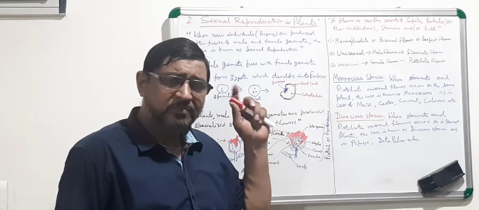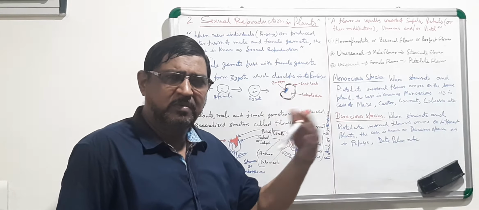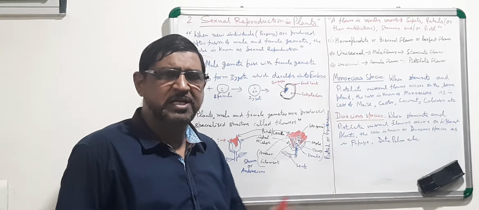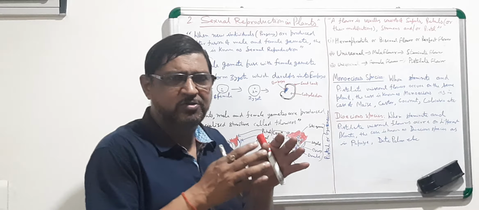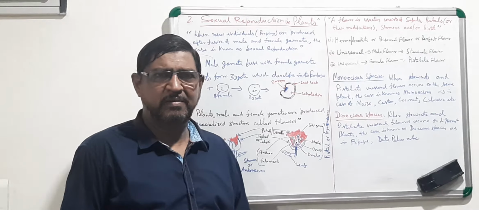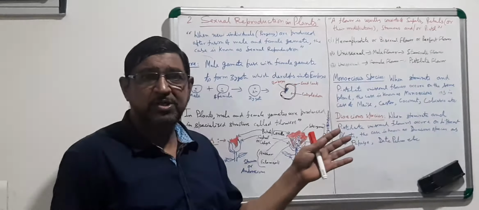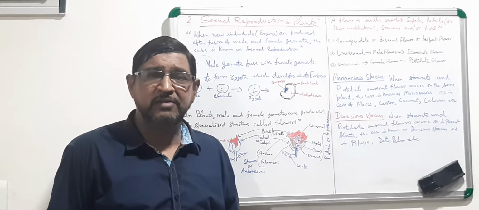So if you are getting the new generation through asexual means, you are going to get the offspring true to the type of the parent plant. And in case of sexual reproduction, why is it happening? What is its significance?